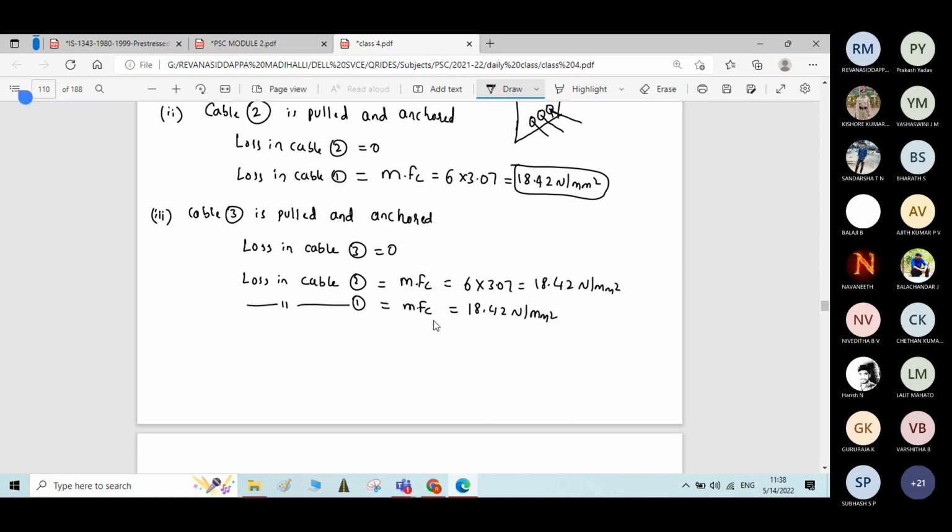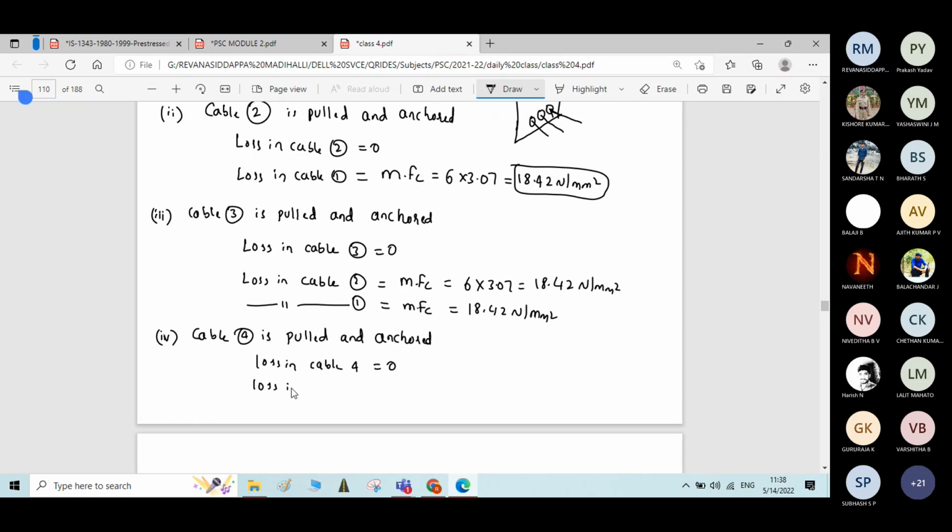Okay, then similarly you need to do the calculation for cable 4. When cable 4 is pulled and anchored, the loss in cable 4 will be 0.